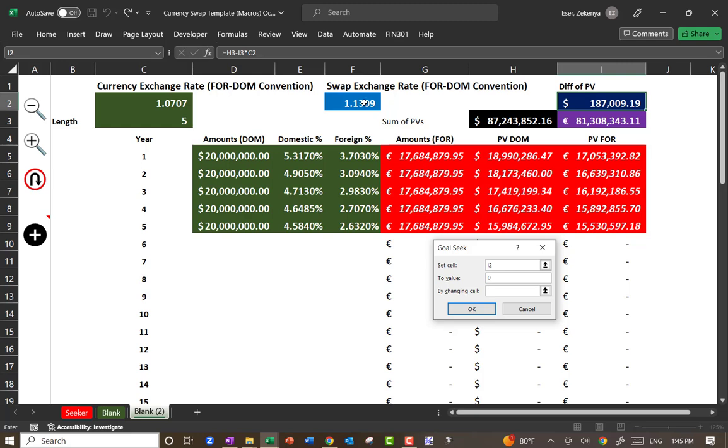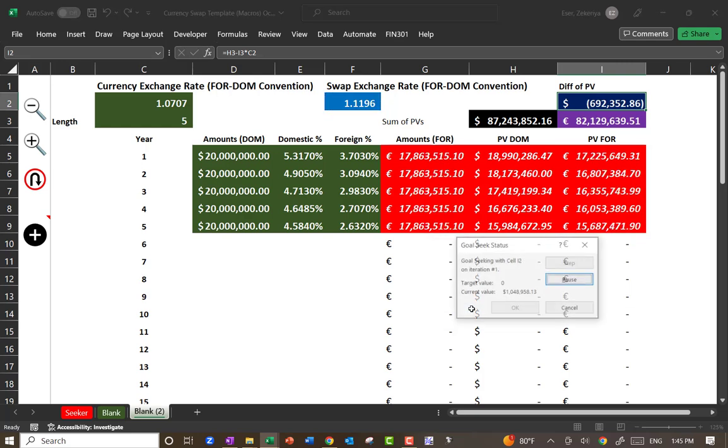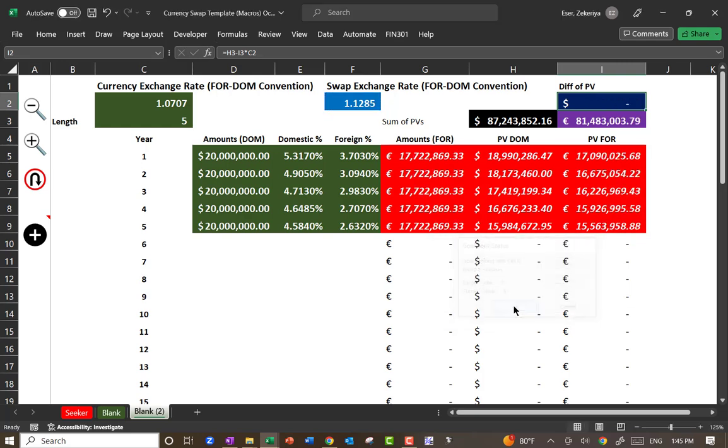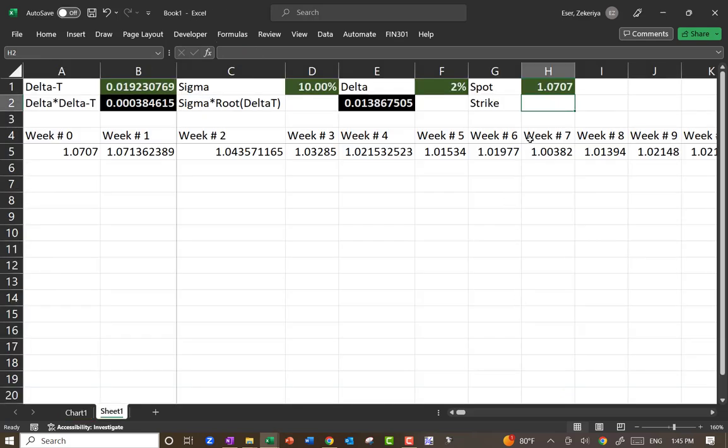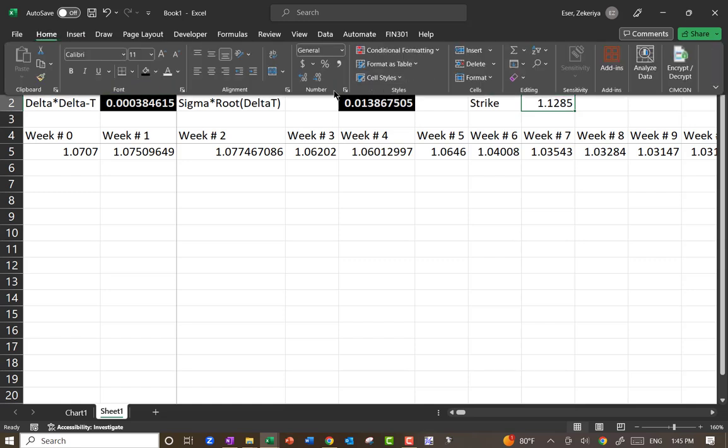So I'm going to use that to determine what the strike should be. 112.85. Okay. Let's see. I'm going to make that black and white too.